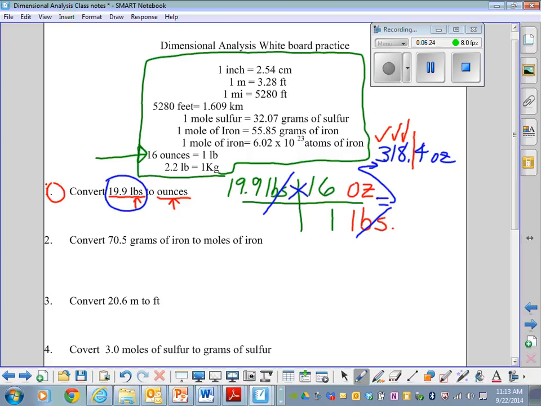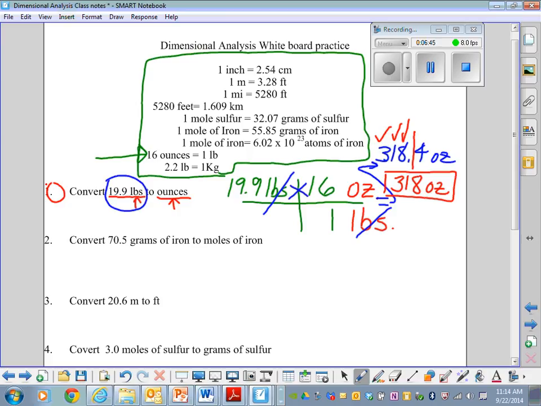I'm going to stop there. How would I round that number? How would I record that value? 318.0. Oh, no. 318 ounces. That would be your final answer, rounded to the correct number of sig figs and recorded with the correct unit.